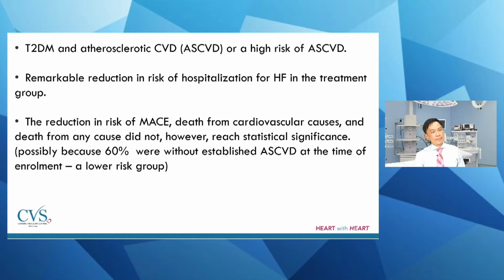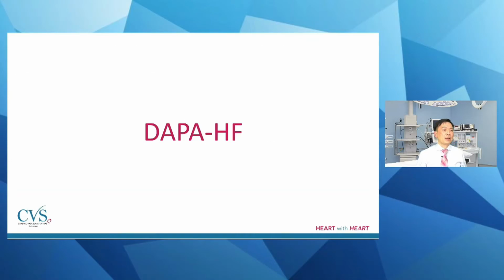This might possibly be because up to 60% of the patients were not actually patients with ASCVD at the time of enrollment. So they were a relatively lower cardiac risk group compared to the EMPEROR-reduced group.